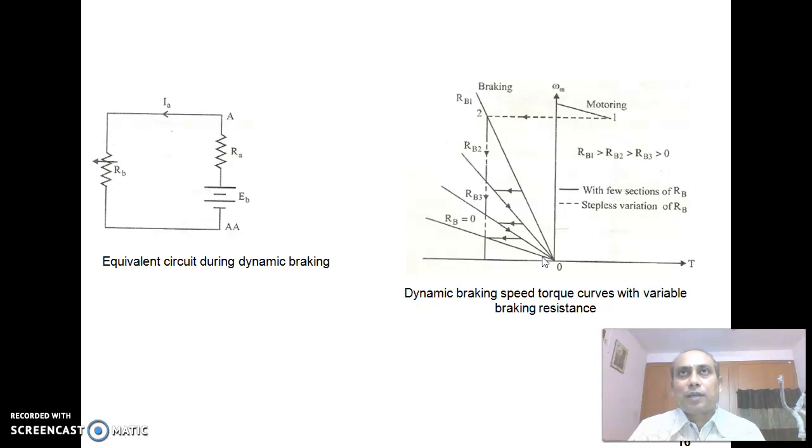So the operating point shifts to the origin. This is the family of dynamic braking characteristics for different values of external resistance, shown in this figure. The dynamic braking is applied in non-reversible drives. So this is how we get the dynamic braking of the separately excited DC motor using power electronics switches.